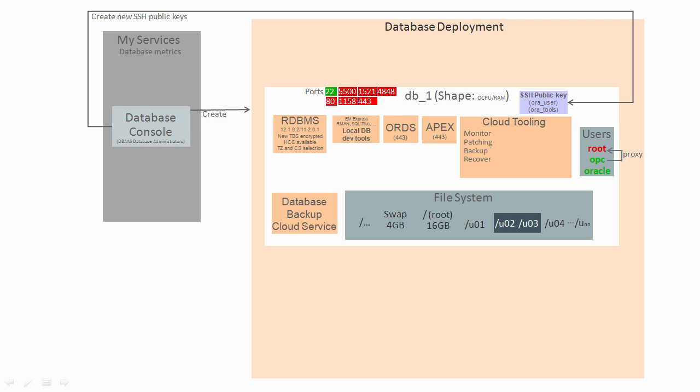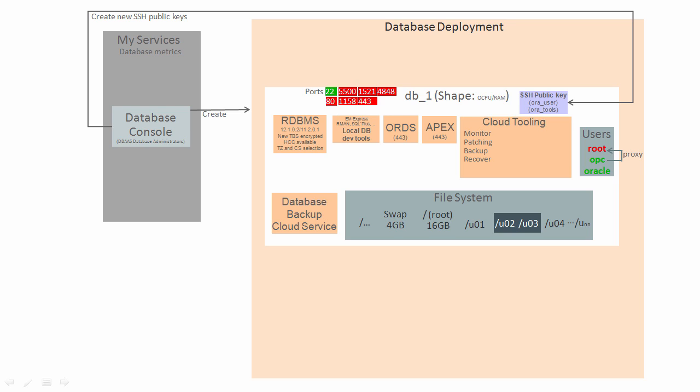At the time you create your database deployment, you need to specify an SSH public key which will be used in conjunction with a corresponding private key to allow VM access. By default, this public key is also called aura_user.